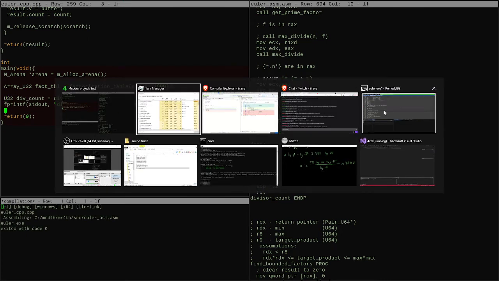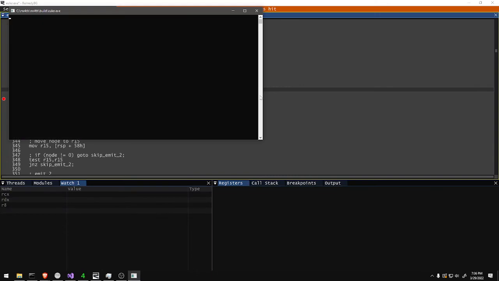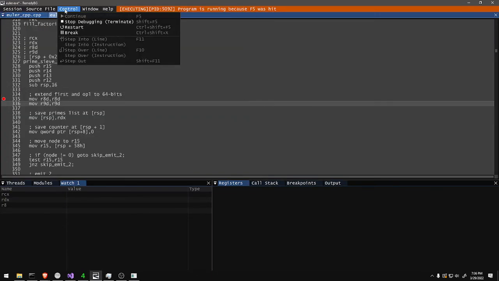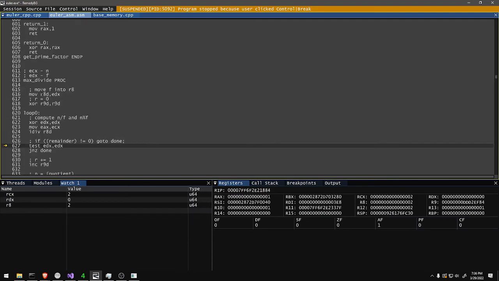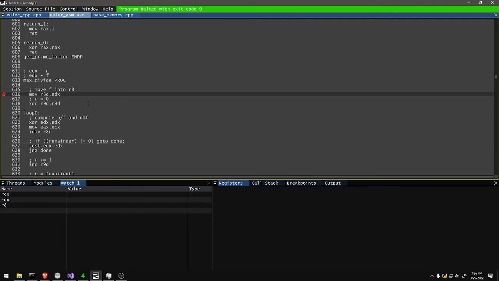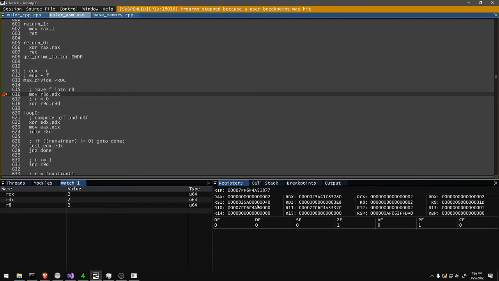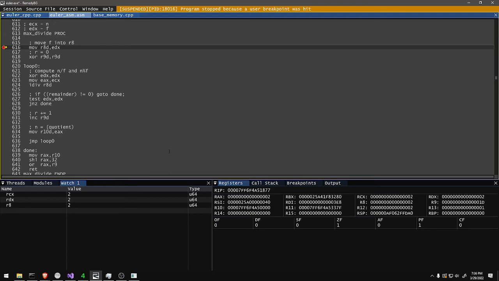So let's go figure out how I busted this so that it can't actually work correctly anymore. Max divide is definitely an infinite loop. So here we are. ECX has n, which should be, oh wait, do I have a call stack?